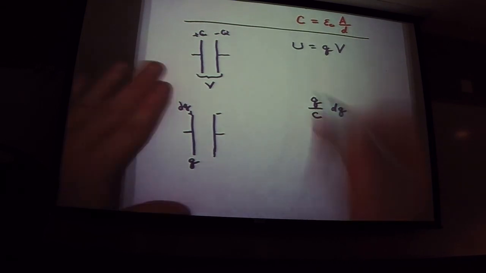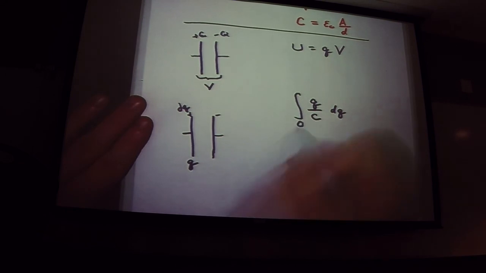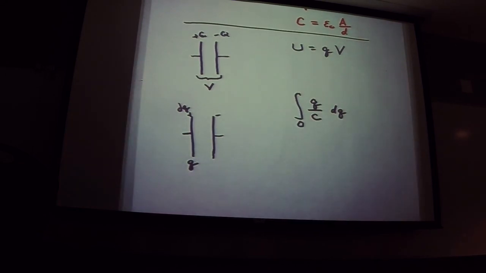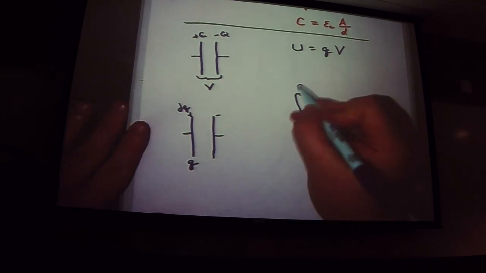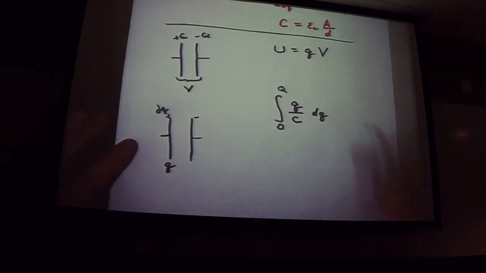So then all we have to do is integrate. We start out with 0 charge on the capacitor, and I end up with capital Q. The 1 over C is a constant, so I can pull it out.